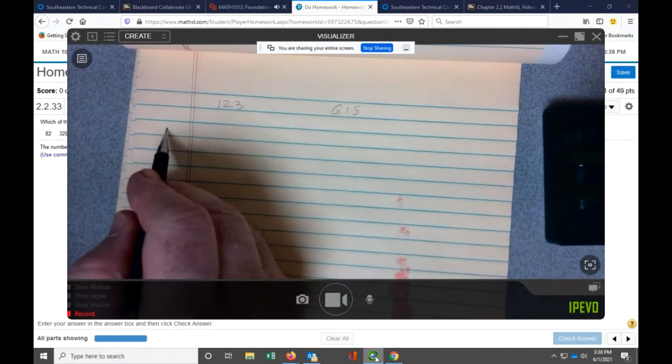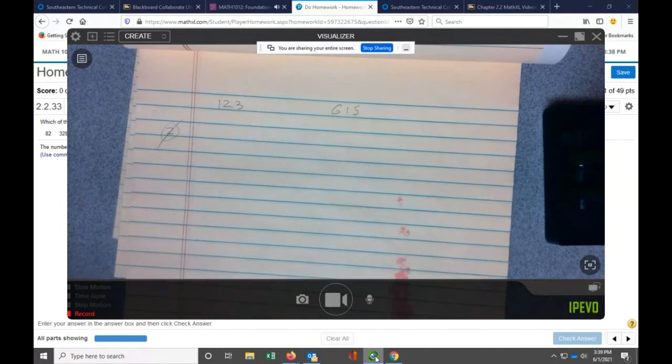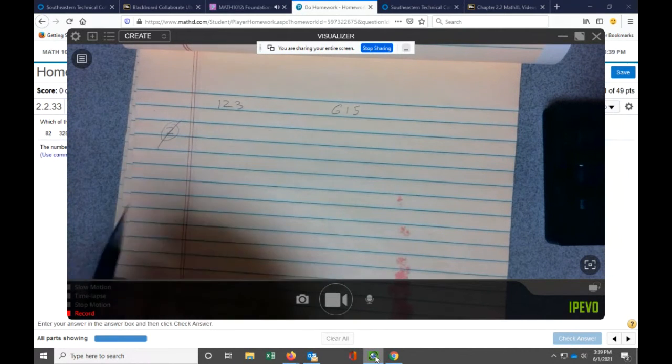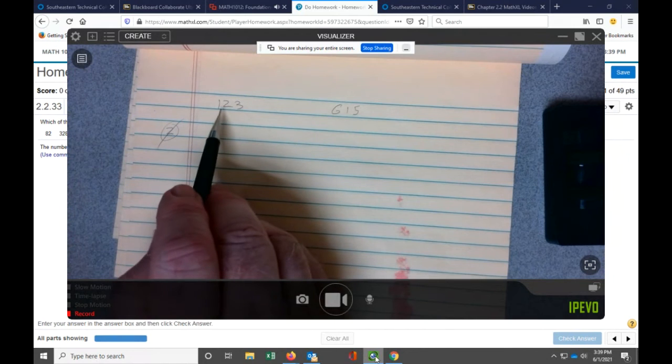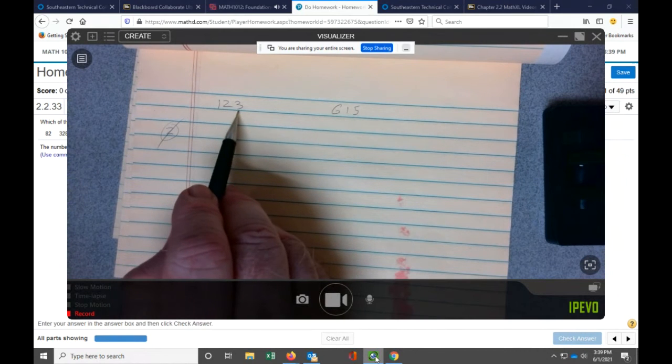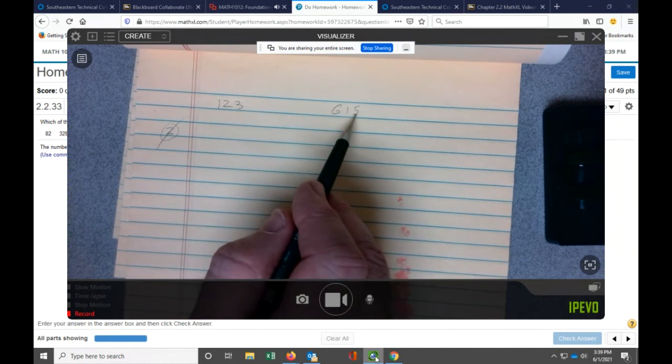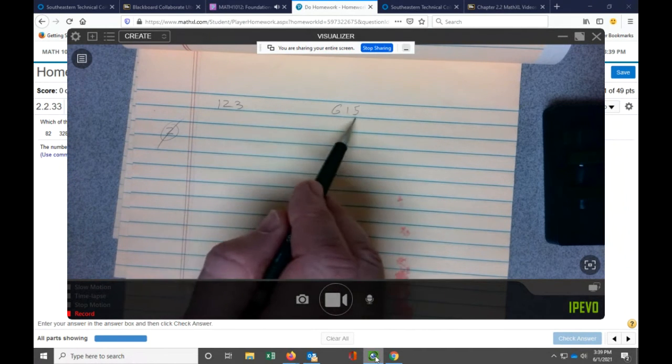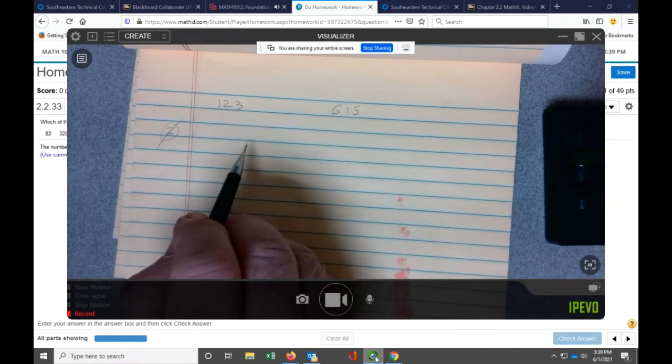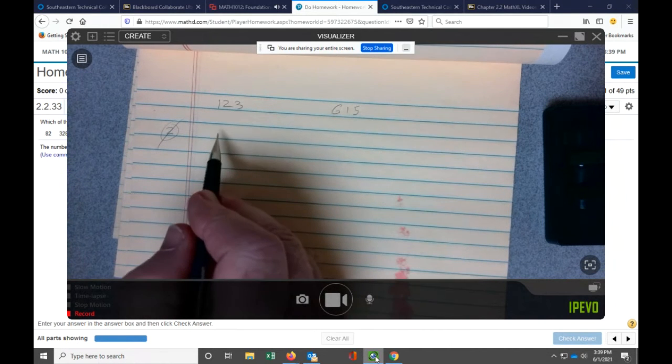So we know 2 will not work. What about 3? Well, this one ends in 3, and this one ends in 5. That makes me curious as to whether or not 3 will work in both of them.